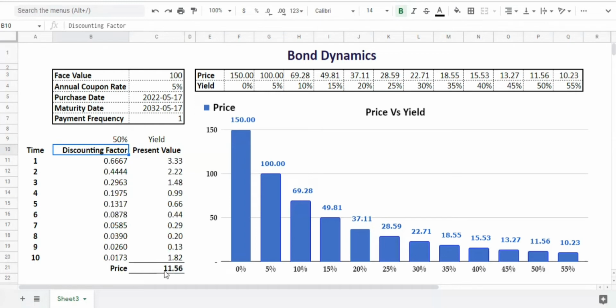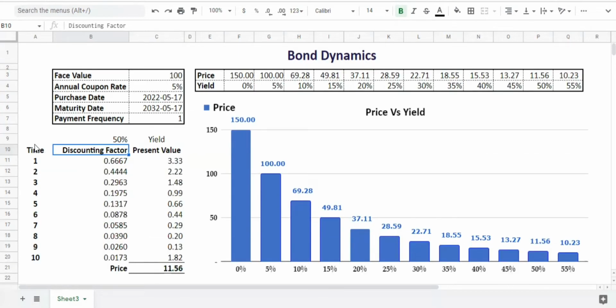So we can verify this. As you can see, once the yields are increasing incrementally, the price of the bond is decreasing. So the price and the yield have an inverse relationship.